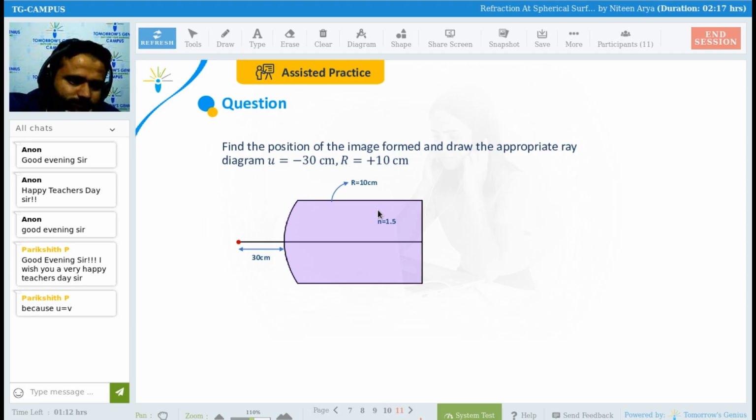After this, in this particular class, we are going to learn about lenses, different types of lenses, principal focus and everything, and then power of a lens and combination of lenses. That's it.